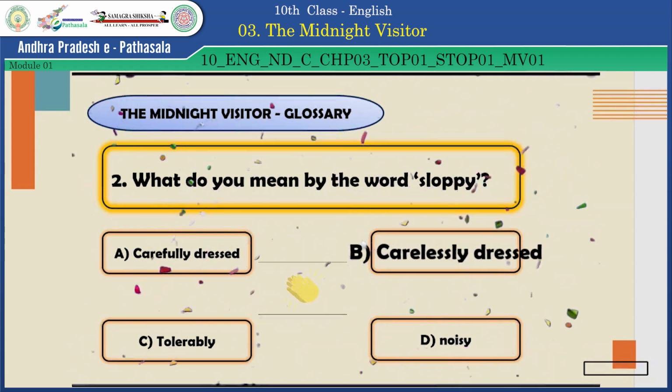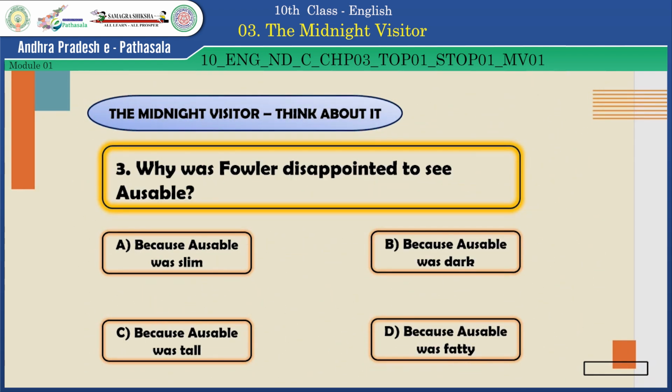Carelessly dressed. Think about it. Question number 3. Why was Fowler disappointed to see Asbel? Options: A. Because Asbel was slim, B. Because Asbel was dark, C. Because Asbel was tall, D. Because Asbel was fatty.